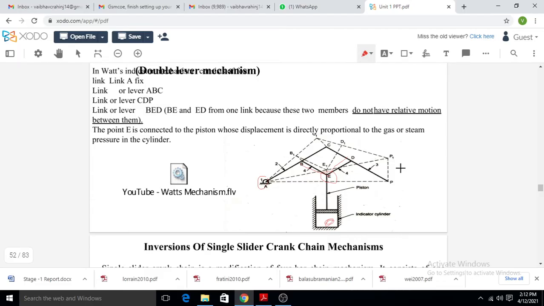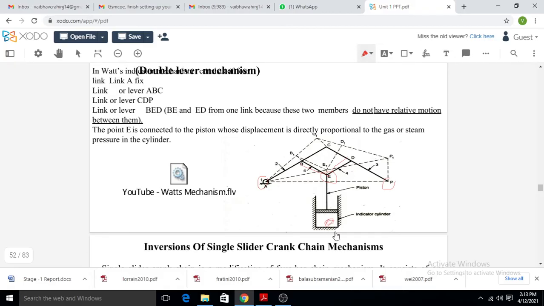On any small displacement of the point E, the point P will track an approximately straight line.